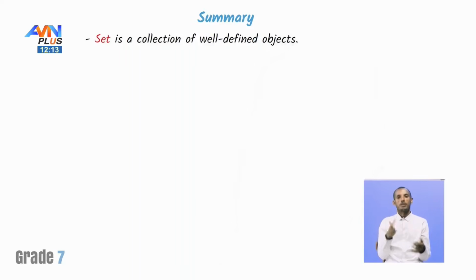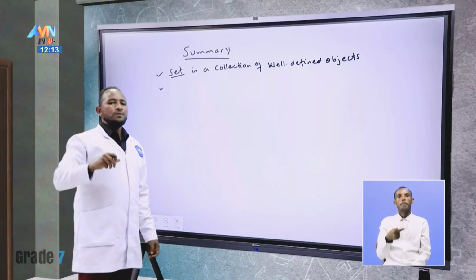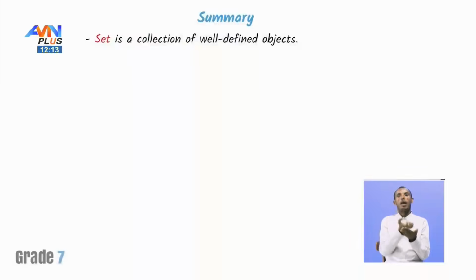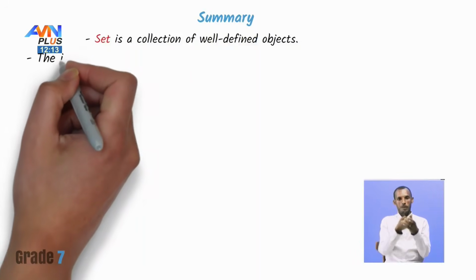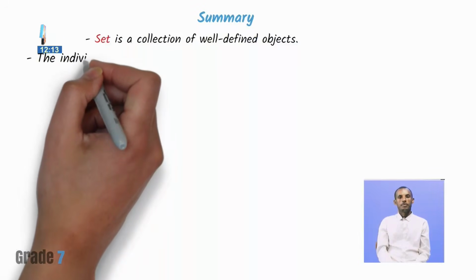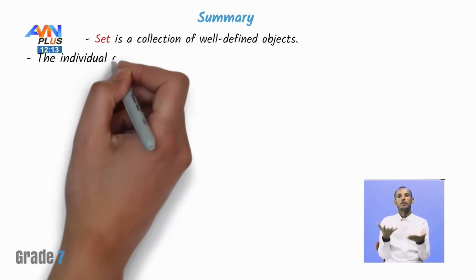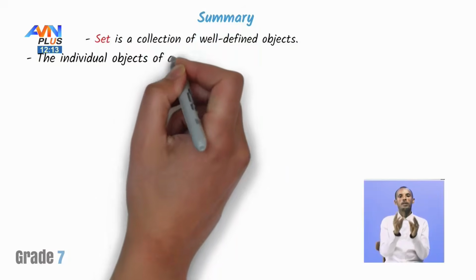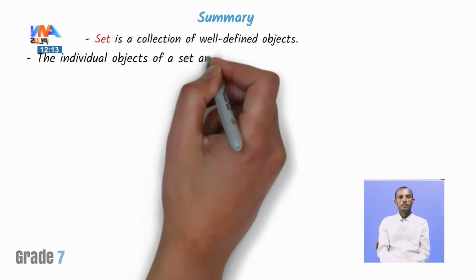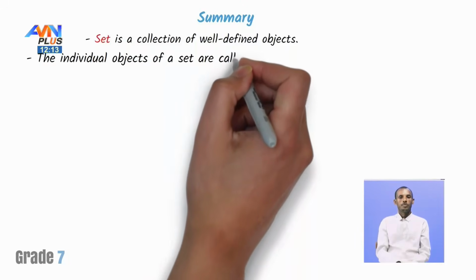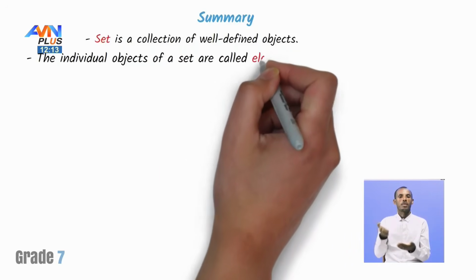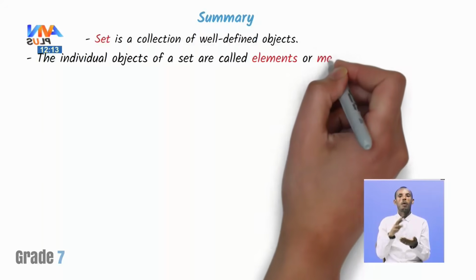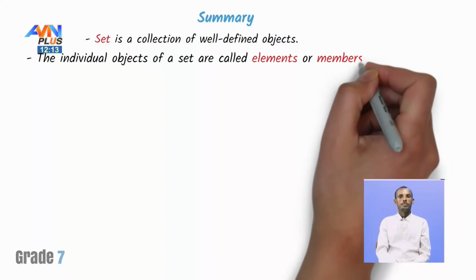And we said the individual objects of a set are called elements, or members, of the set.